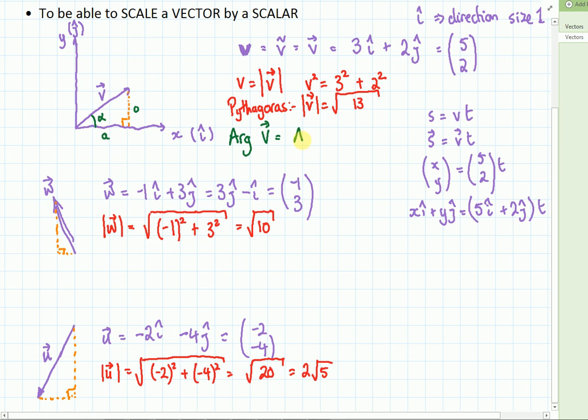So it's from doing the arctangent, or tan to the -1, of our opposite, which is the j component, over the y component, over the x component. So shift tan of 2/3 is 33.7 degrees.